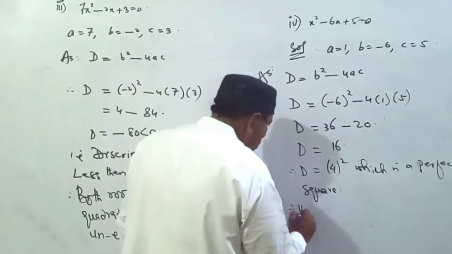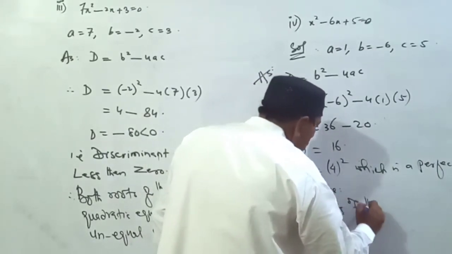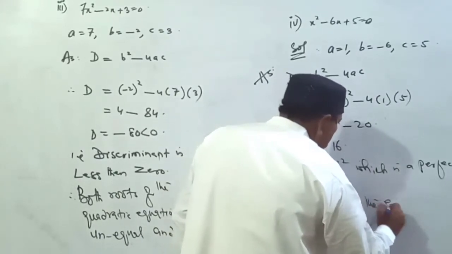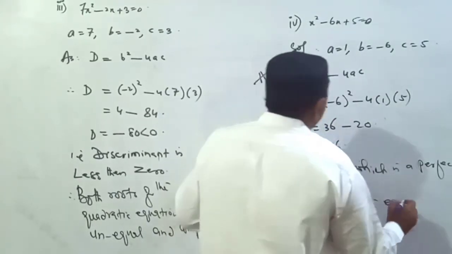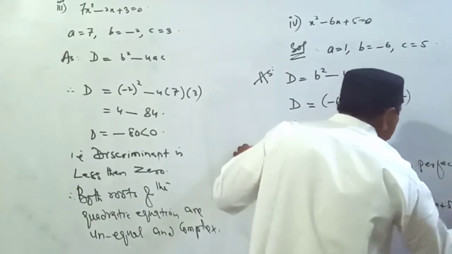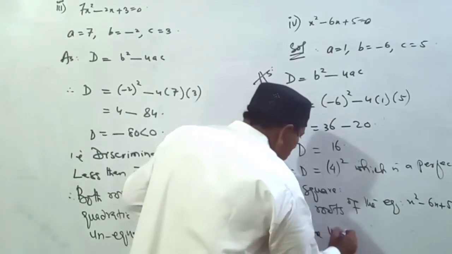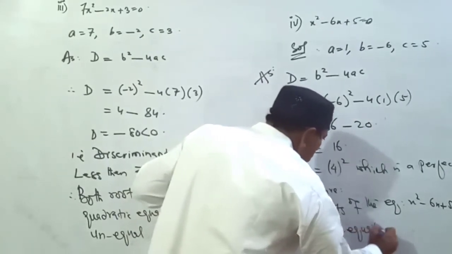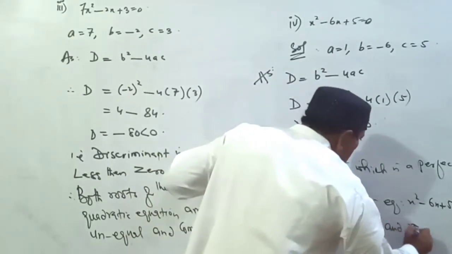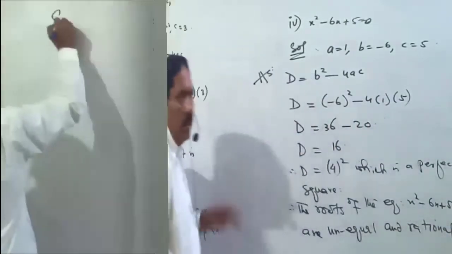Therefore, the roots of the equation x square minus 6x plus 5 is equal to 0 are unequal and rational. Okay.